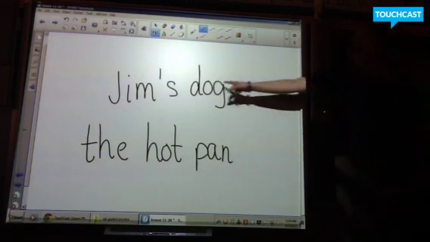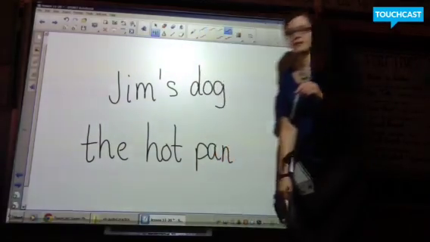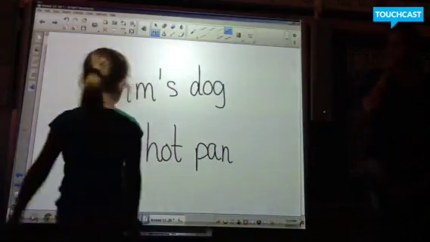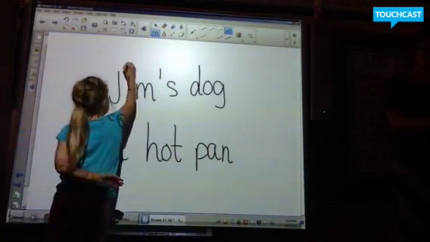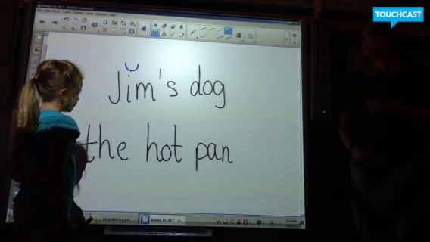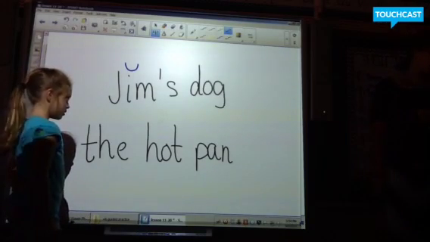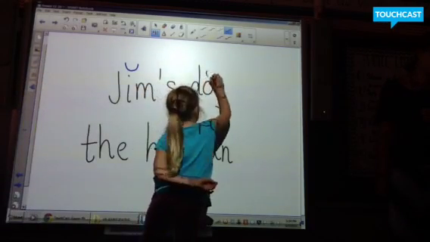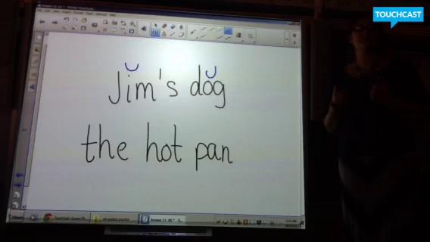Maya, will you help me code this phrase? What do we need to do? Do you guys agree with how she coded it? Does it look good to you?